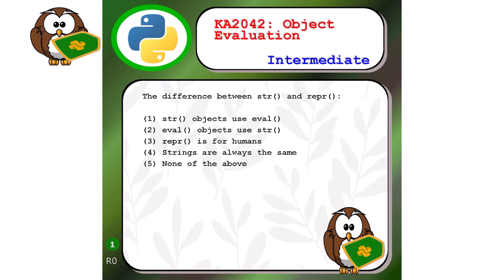KA 2042 is a new one, which asks what is the difference between str and repr: is it either string objects use eval, or eval objects use str, or repr is for humans, strings are always the same, or 5, none of the above.